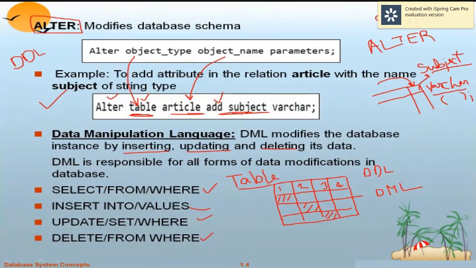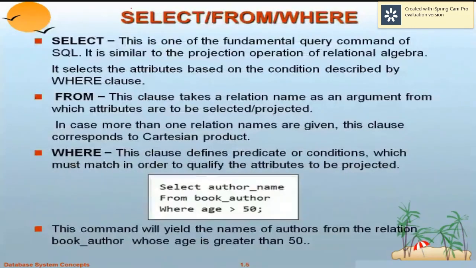The first one is select from where condition. Select from where condition is like the project operator that you have seen. It is very similar to the project operator of relational algebra. What is this project operator going to do? It is going to select the complete tuple.